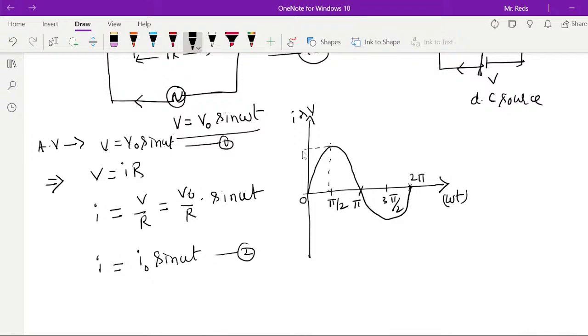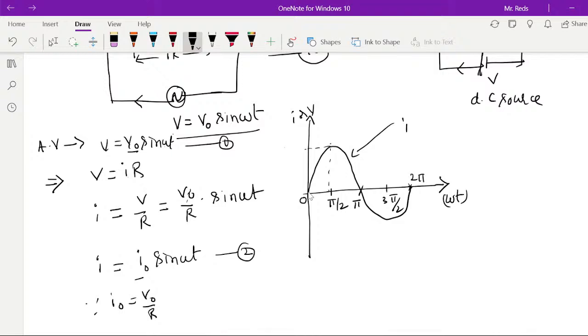For the value of current, as current is 0 here, the maximum value will be expressed as I naught. If you take it as voltage, it will be V naught. But here we have to observe that, because I naught is equal to V naught by R, it will be less than V naught. So let us say this is the I naught curve, I equal to I naught sin omega t.